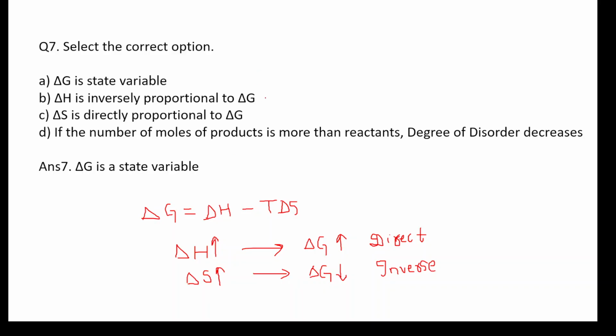So these two statements are just opposite. And if the number of moles of product is more than reactant, degree of disorder increases. If products are more than reactants, then disorder always increases. Please note this down.